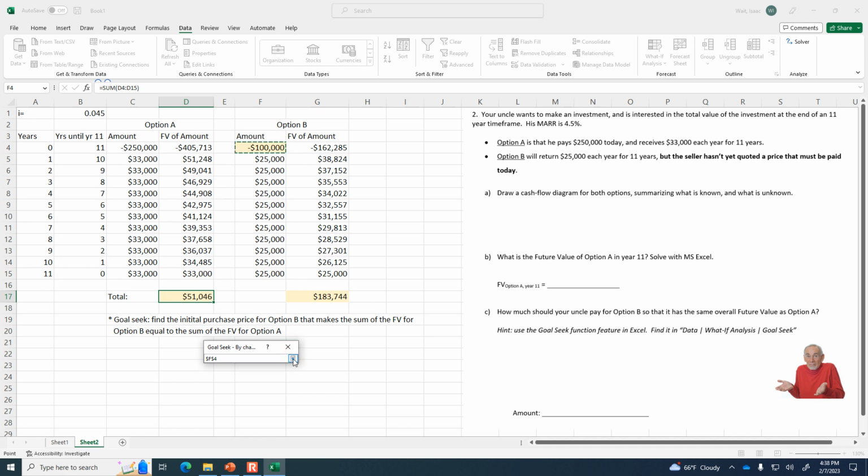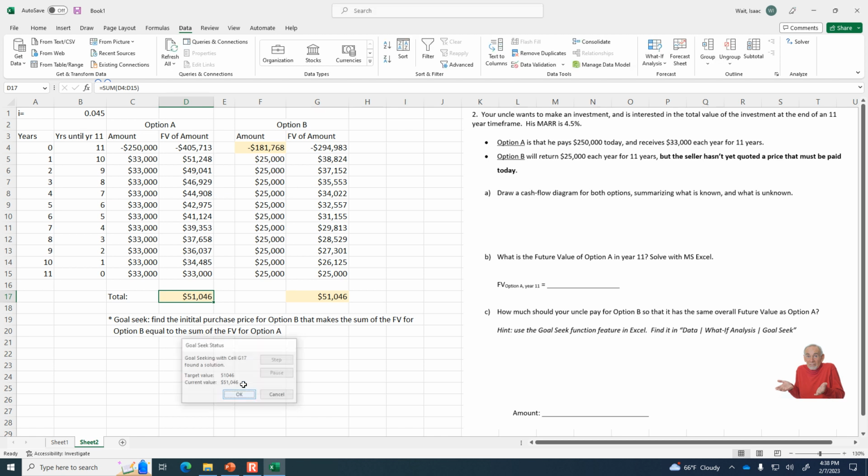So what is the purchase price that would make it so that these two projects have the same value? So your uncle should in his mind have the idea of $181,768 is the equivalent purchase price for option B to make the two alternatives equally desirable.